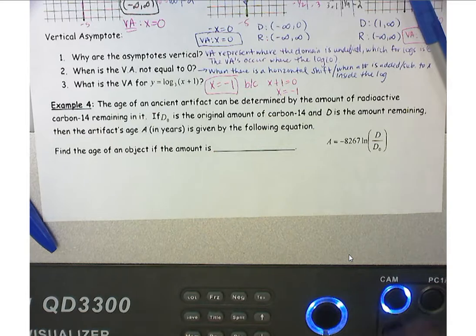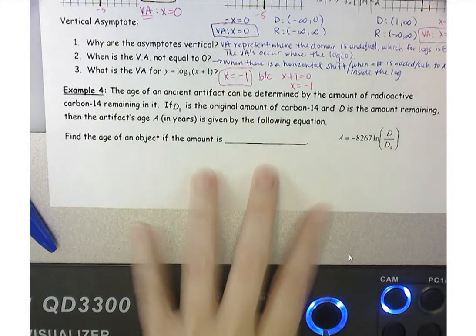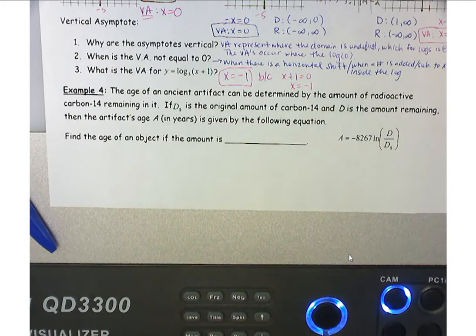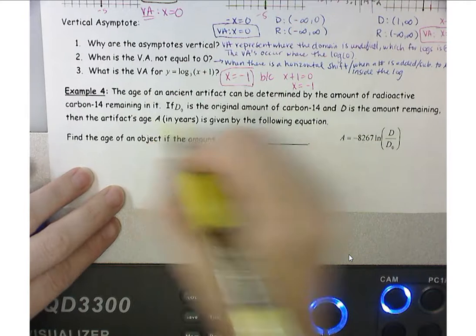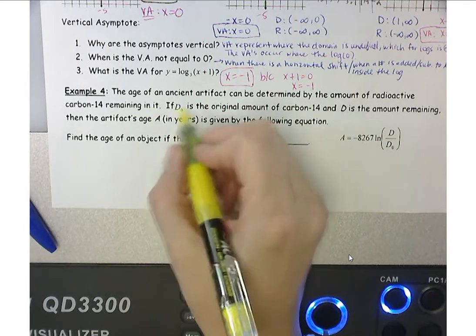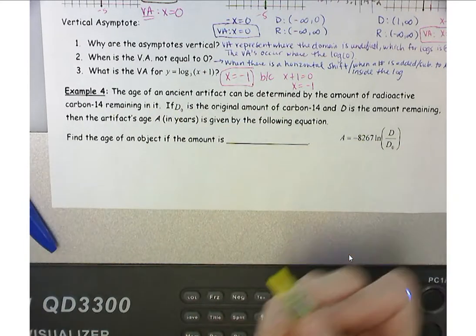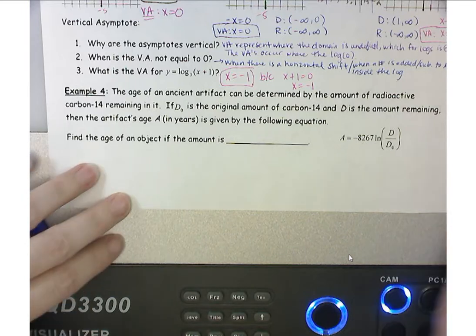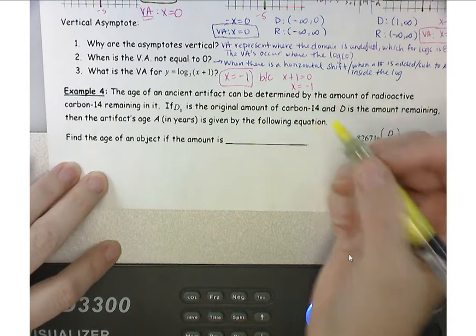The last thing is a story problem. As we continue on in our log function, we will be dealing with lots of story problems and radioactive materials. So you can determine the age of an artifact by measuring the amount of radioactive carbon-14 remaining in it.